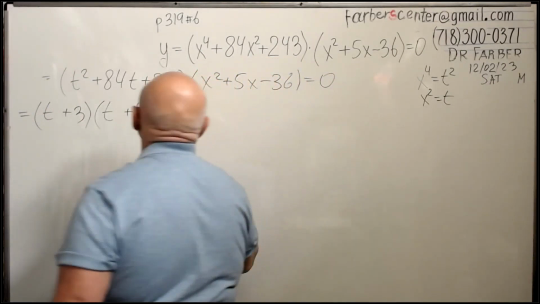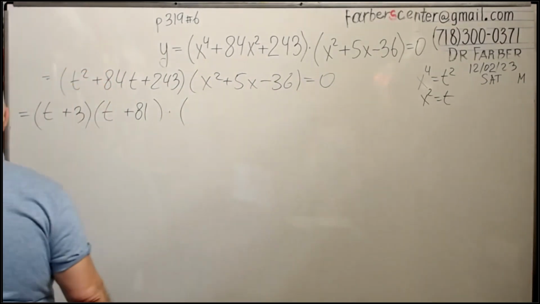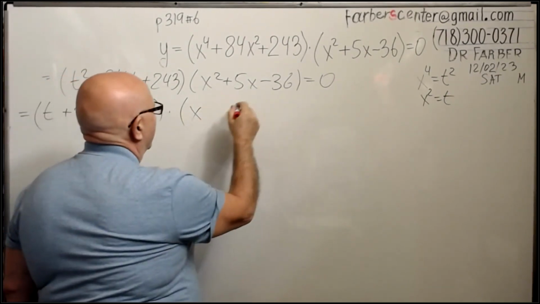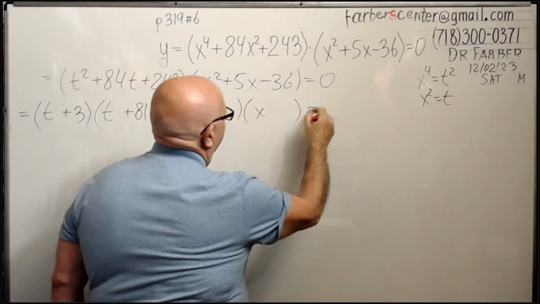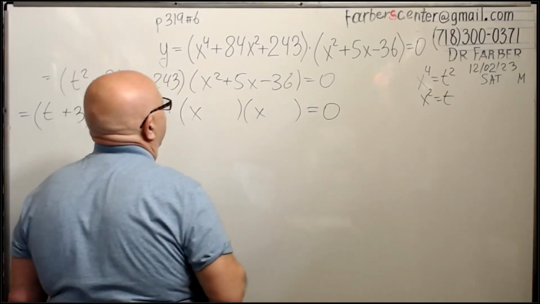Good. Multiply. The second part. You also can factorize. What is it? Nine and negative 4.